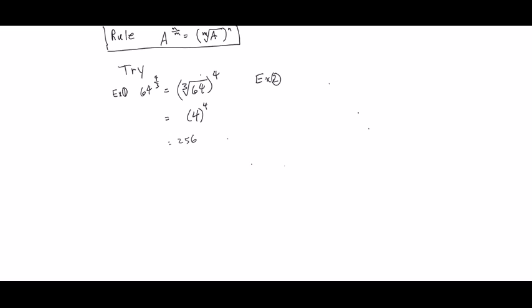Now let's do the next one. 27 over 64 raised to the -2/3. So now let's apply our rules again. We had a negative exponent, so that meant we had to flip our fraction and remove the minus sign.